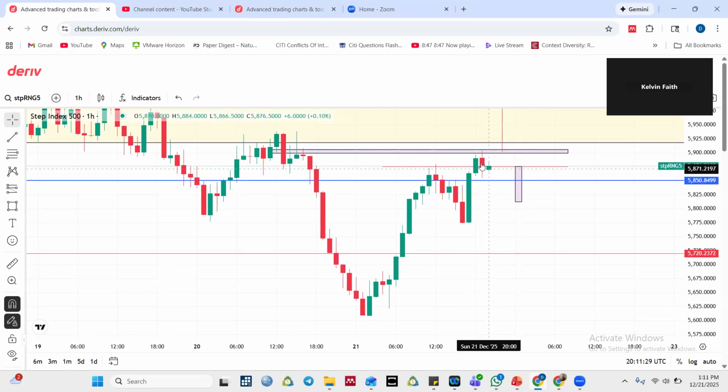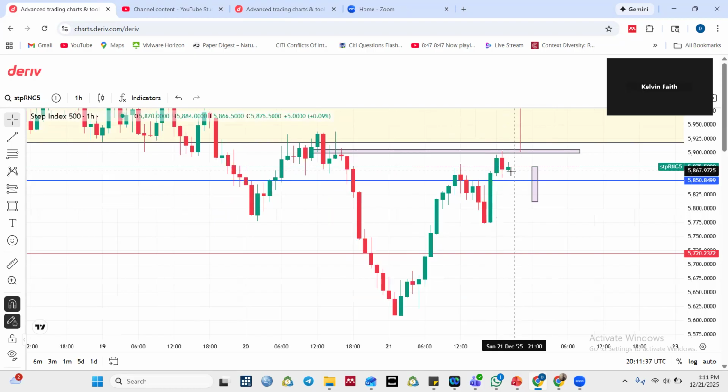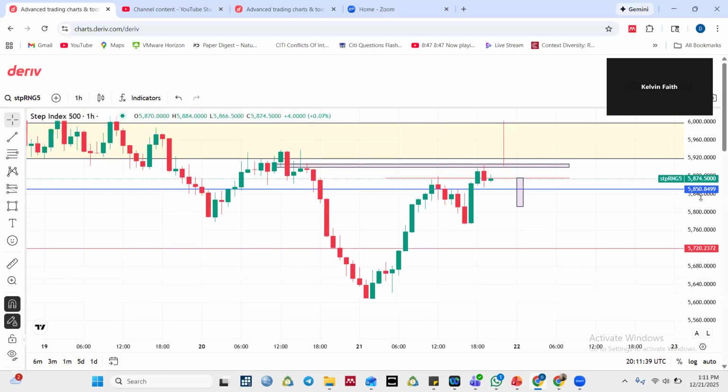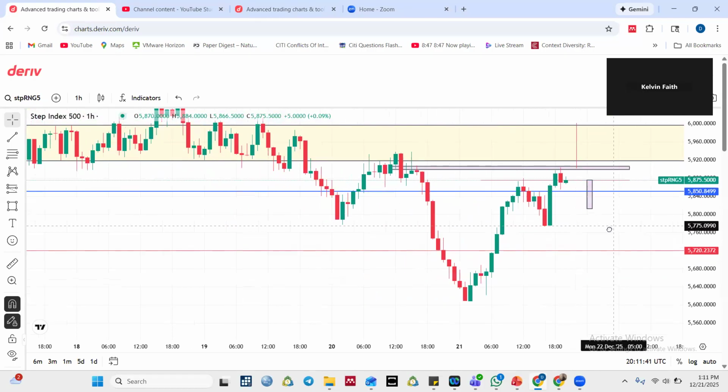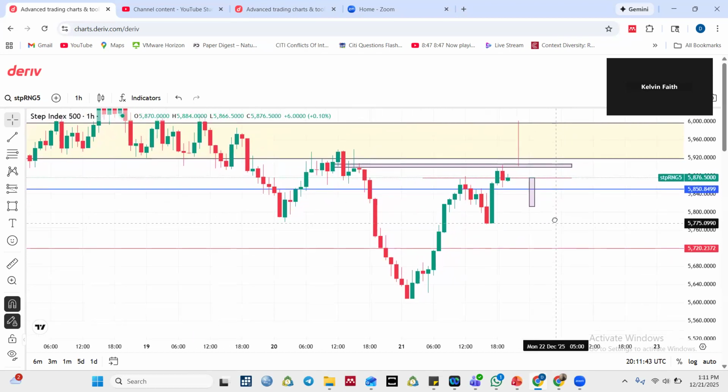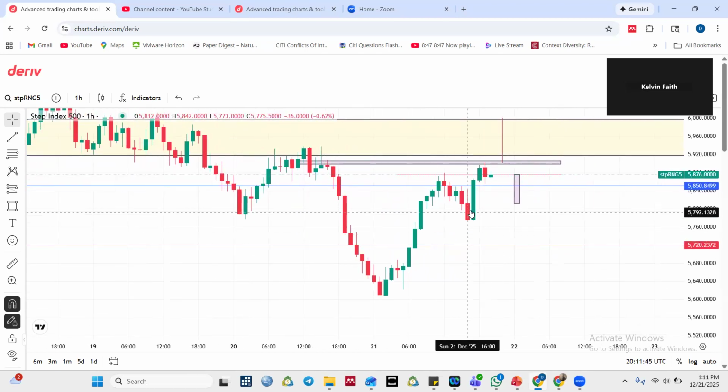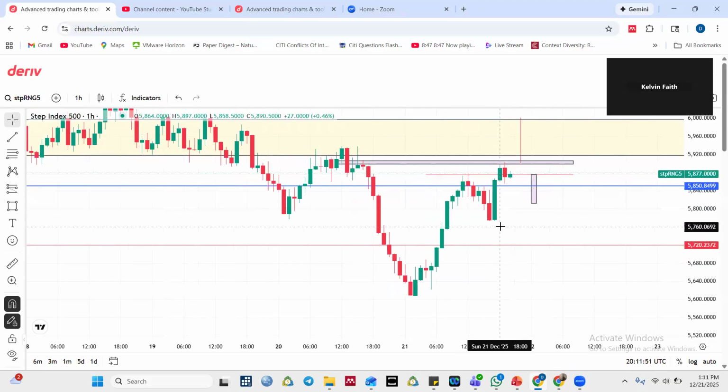Other than that, if you are getting a new sell entry just because you see a red candle after crashing you out, you might end up making more losses. Okay, you don't want to be adding to losing positions. You are losing and you see a small sell, then you want to sell again. No, that's not the way you should be trading.